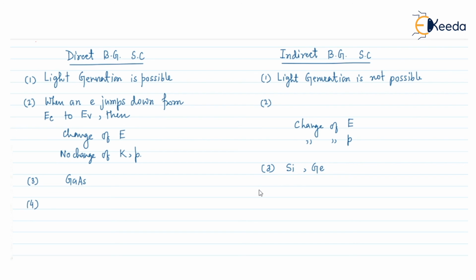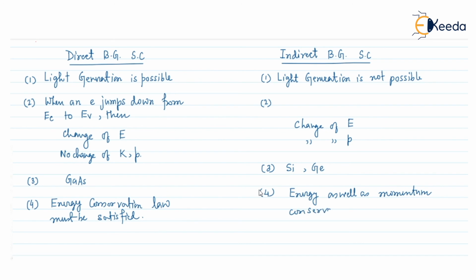In the fourth point, the energy conservation law must be satisfied in the direct band gap semiconductor, but in the indirect band gap semiconductor, energy as well as momentum conservation law must be satisfied, because there will be a change of energy as well as momentum.